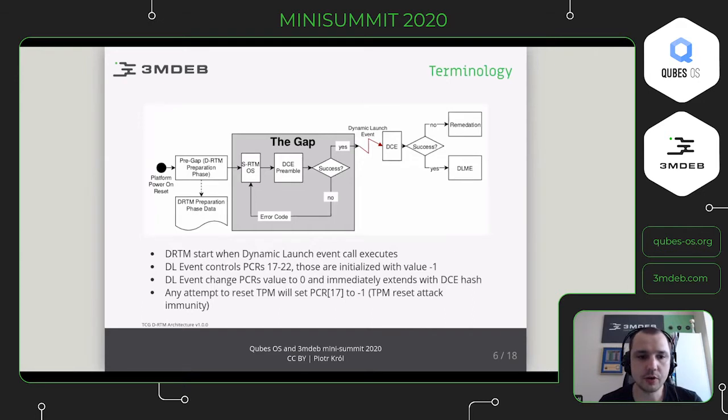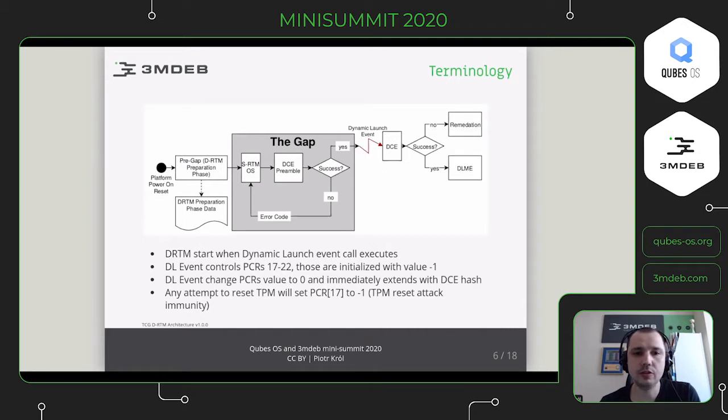This slide came from the Trusted Computing Group specification version 1 of Dynamic Root of Trust for Measurement. What is important on this slide is the general flow that all the D-RTM implementations use. So first of all, we have platform reset or platform power on. Then we may have, in some implementations, and this is present in the Intel implementation, some pre-launch configuration, so some preparation of the platform.